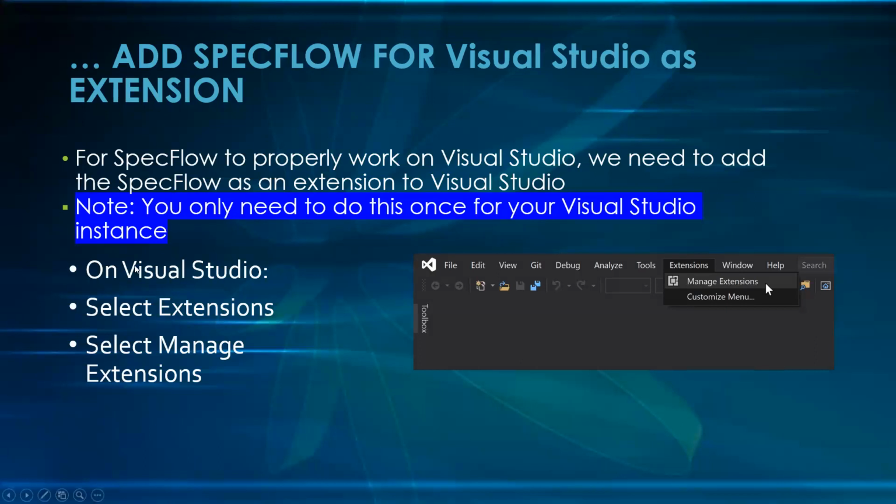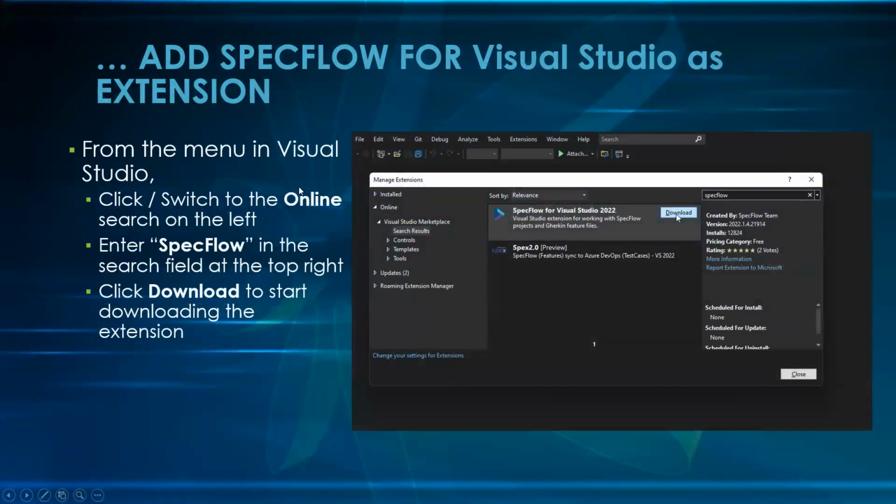So what you need to do on your Visual Studio, click on extension, and then click on manage extension. Once you do that, it's going to open this screen for you. What you need to do now is on the right-hand side, search for Specflow.